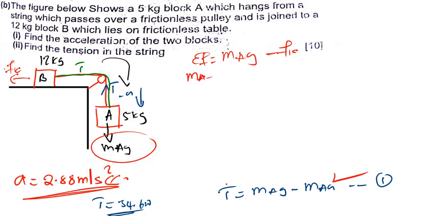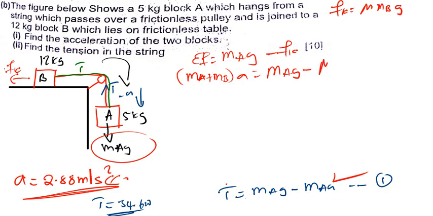Then you say ma plus mb in the brackets times acceleration should be equal to mag minus the friction force, which you know is mu times the normal force. The only block that is in contact with the table is block B. So the normal force is mbg.